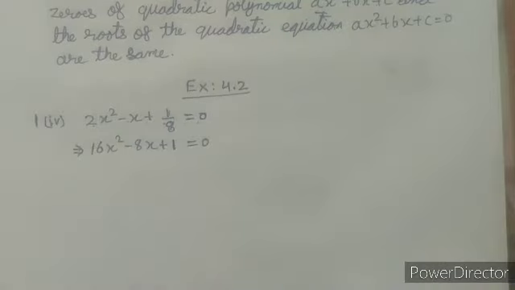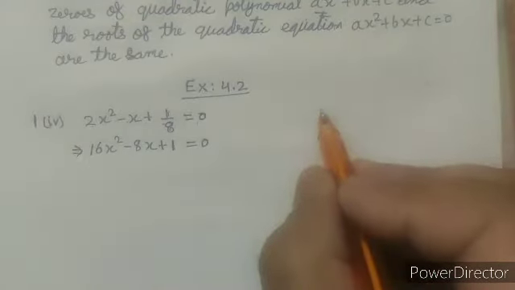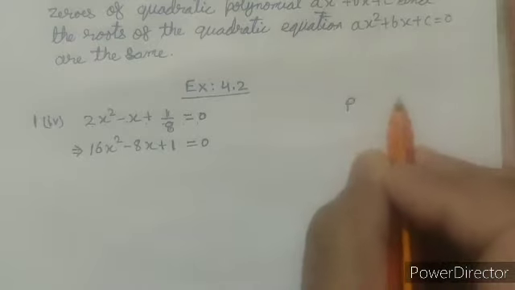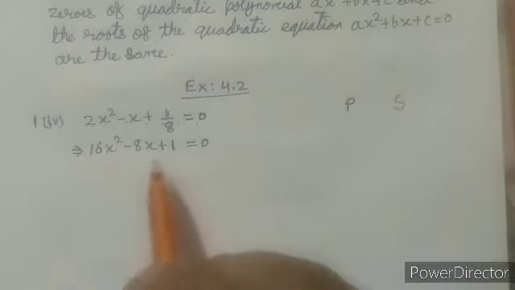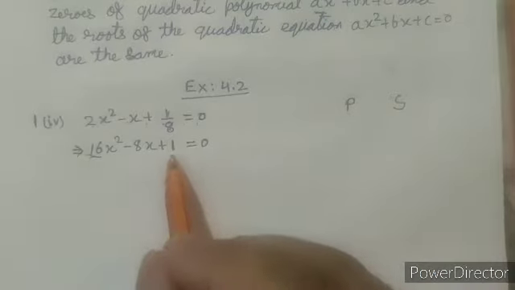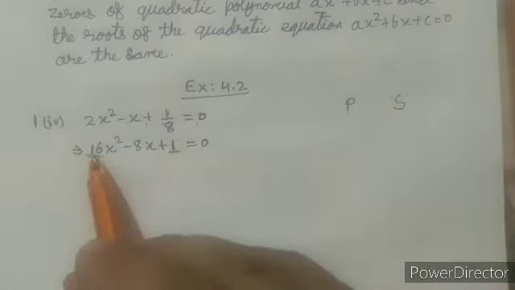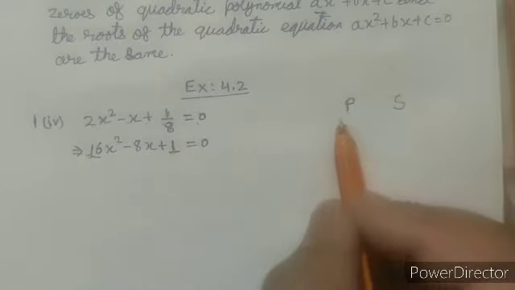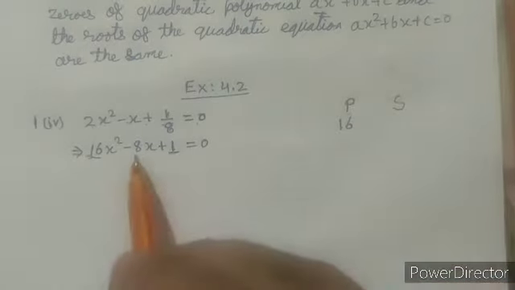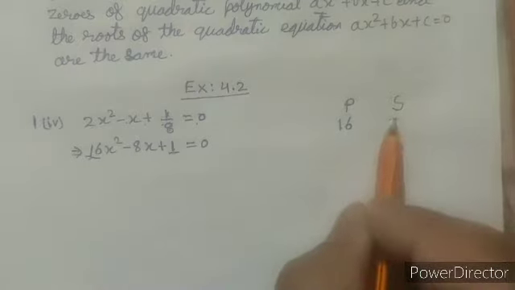Now in order to find its roots, we have to see two things, one is the product and another is the sum. The product is the multiple of the coefficient of x square and the constant term, that will be 16 into 1, which is 16, and the sum is the coefficient of x, and that is minus 8.